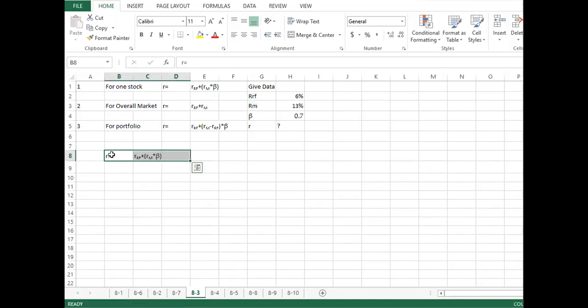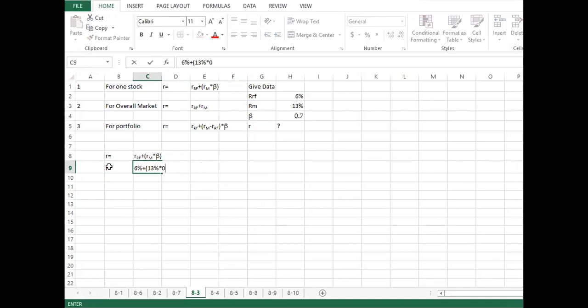So we take formula number 1, that is R is equal to risk-free rate of return, 6%, plus market return 13%, and multiply by beta.